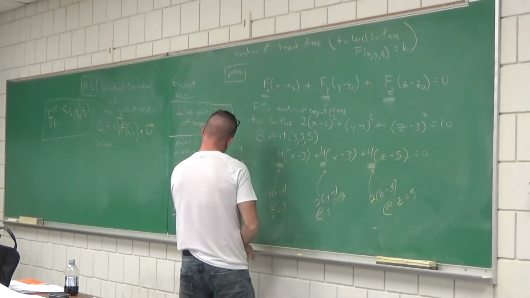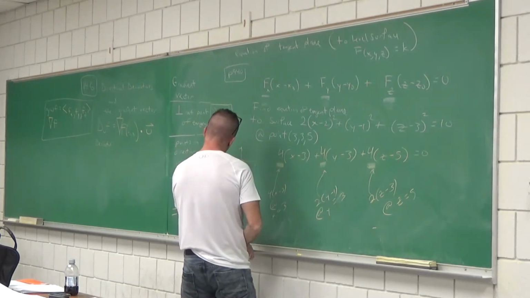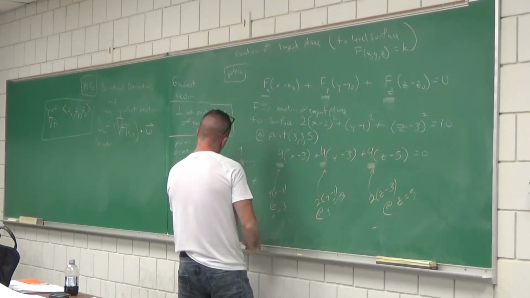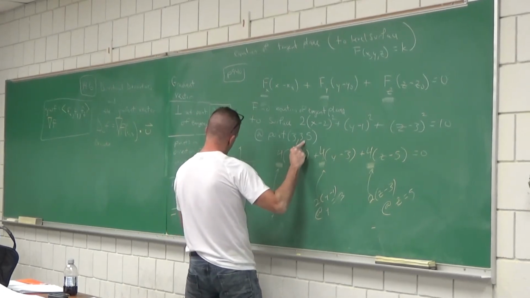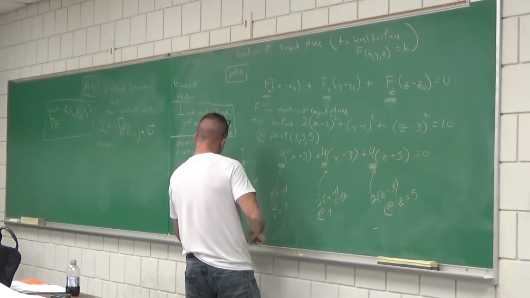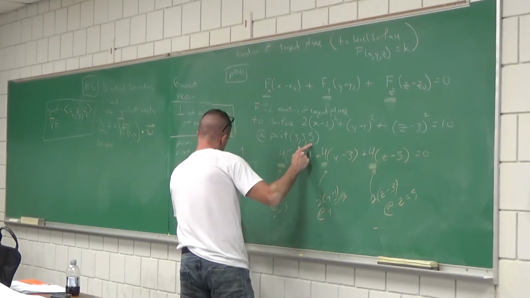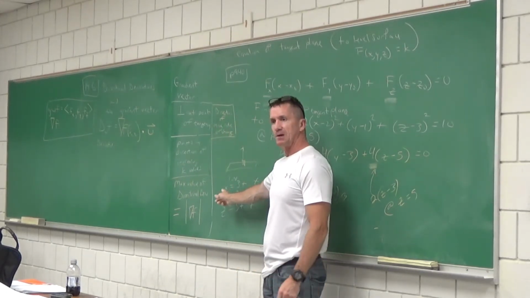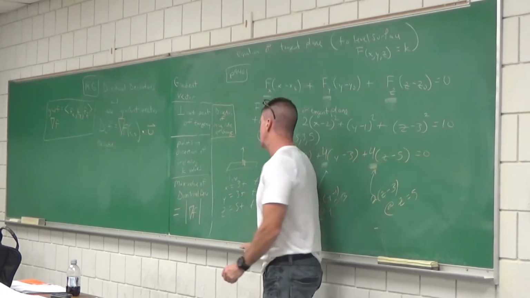Remember lines? I'm going to put x equals 3 plus something t, y equals 3 plus something t, and z equals 5 plus something t. These are the parametric equations of the line.